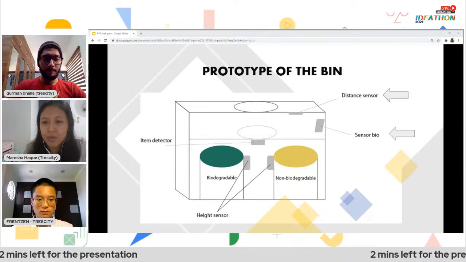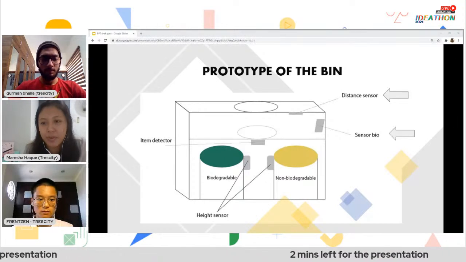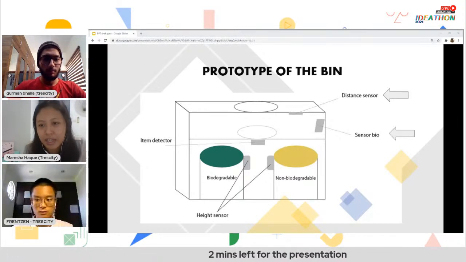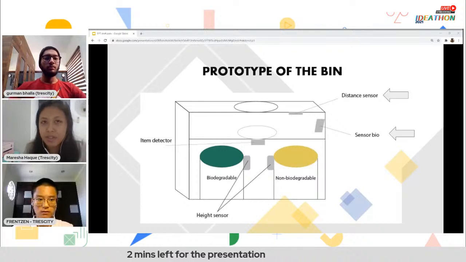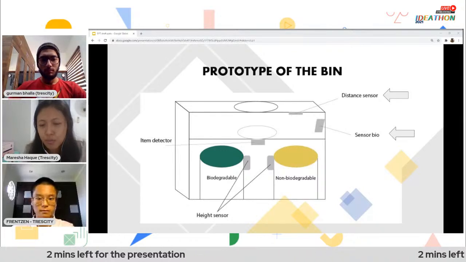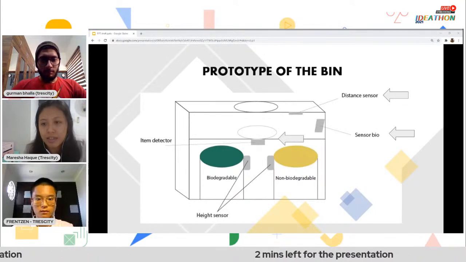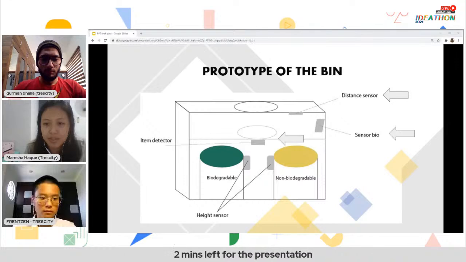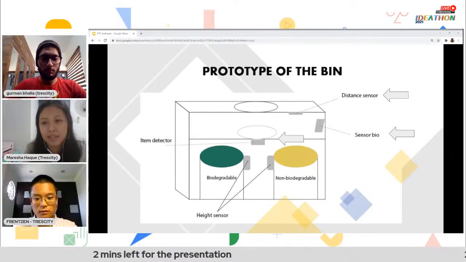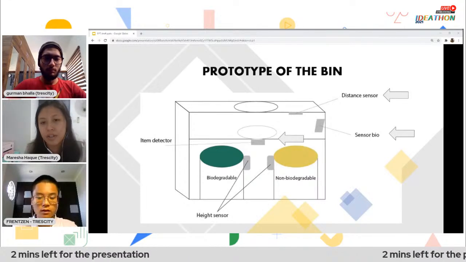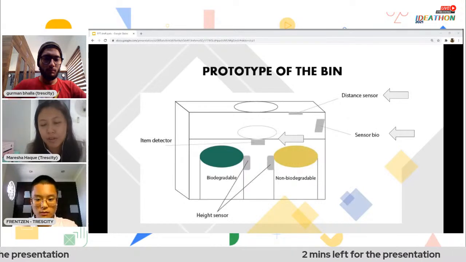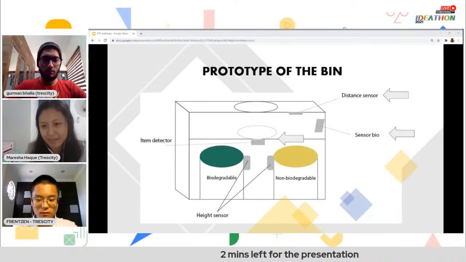This sensor will detect if the waste is biodegradable or not, and then it will signal the movable chute to move to the respective bin. This will trigger the item detector, and the item detector will signal the movable chute lid to open, and the waste will then fall into the biodegradable or the non-biodegradable trash bins.